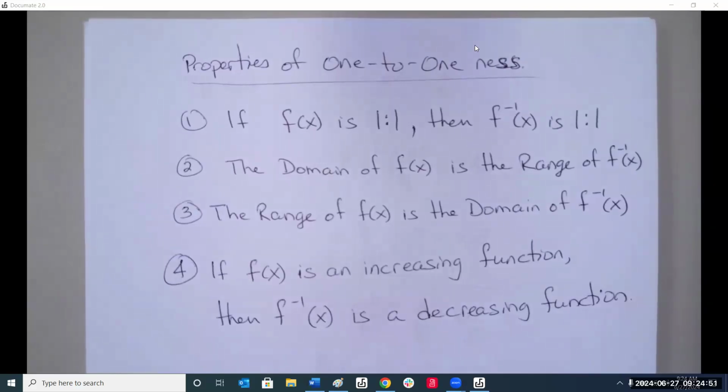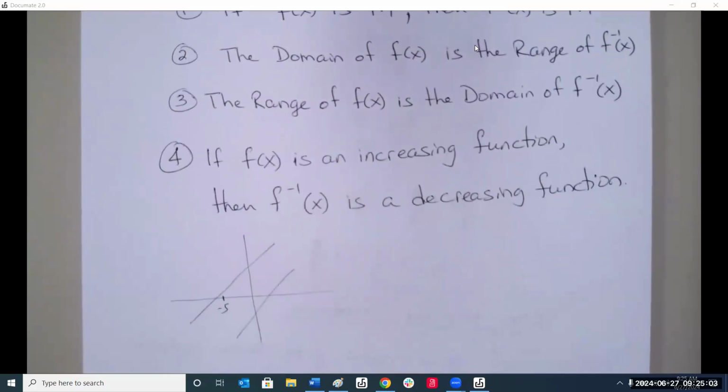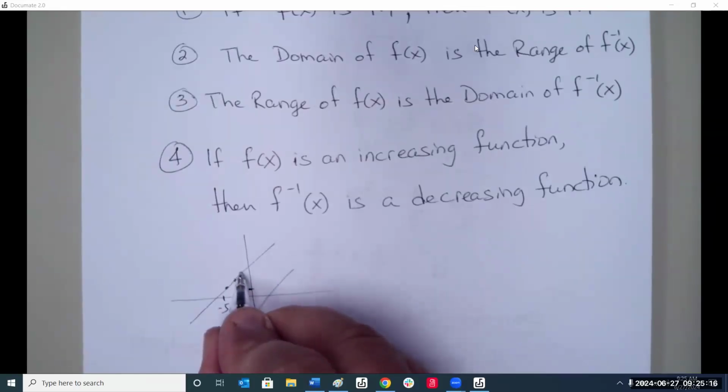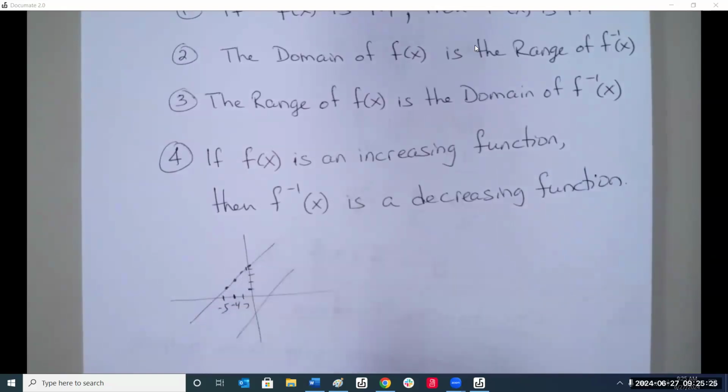Well, let's try it. Let's just pick some points. -5, 1. -4, 2. -3, 3. -2, 4. -1, 5?